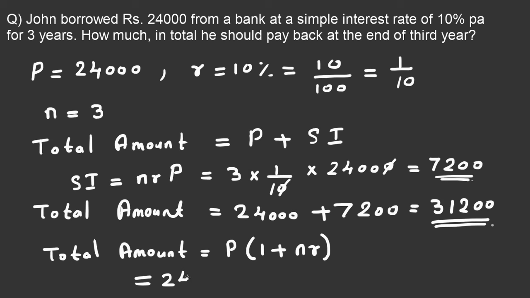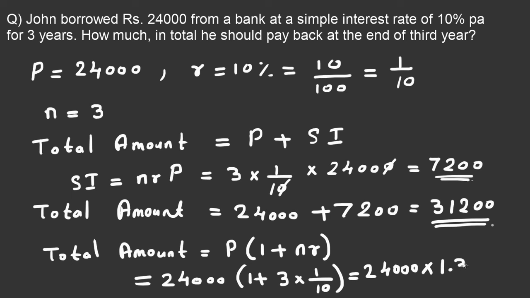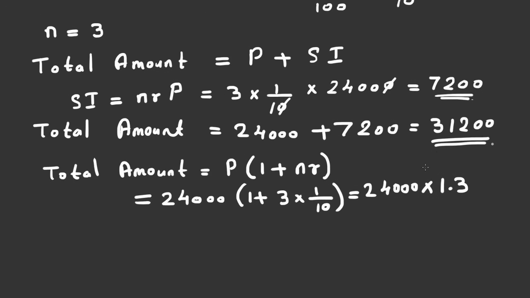So it is 24,000 into 1 plus 3 into 1 by 10. That is equal to 24,000 into 1.3. That is equal to 31,200.